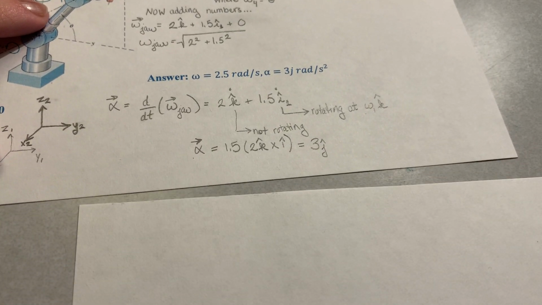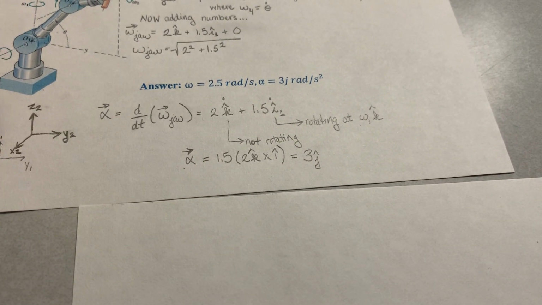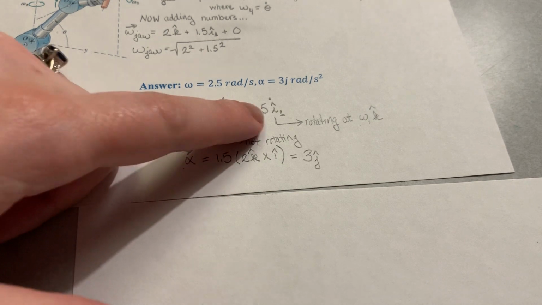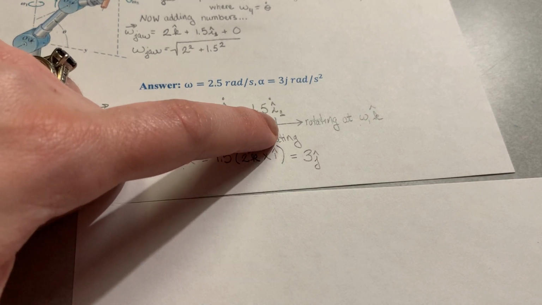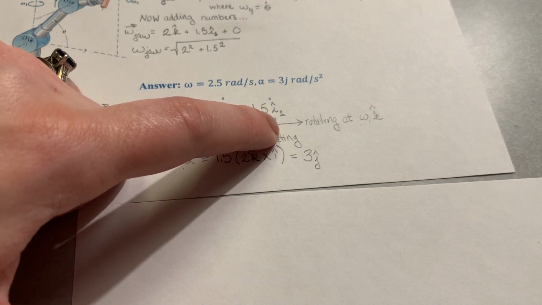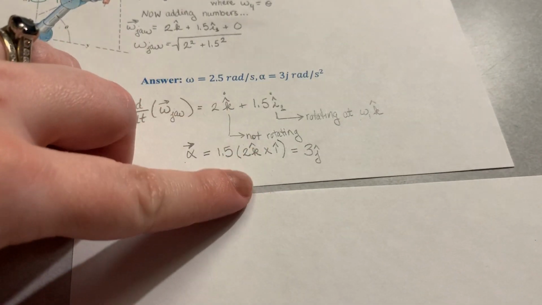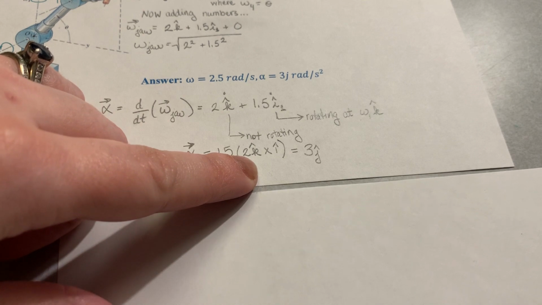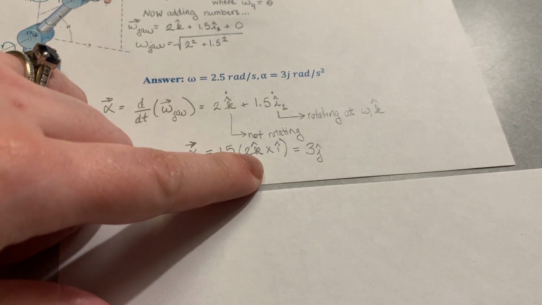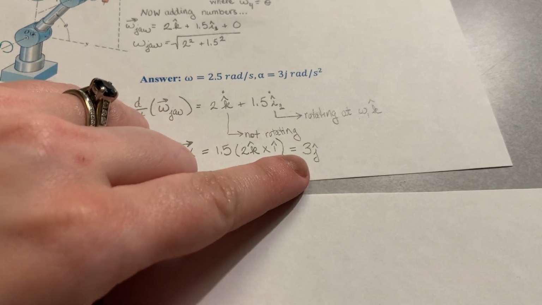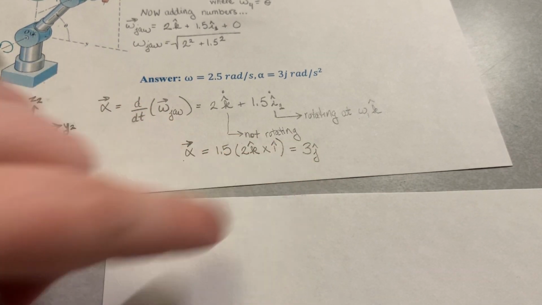So since we know that that's rotating at omega 1 in the k direction, all we have to do is take the cross product, and we get alpha, the vector, equals 1.5, which is from here, times the rate of change of that vector I in the first coordinate frame. And we know that it's rotating at 2k, so we just take the cross product of 2k with I, and we know that that equals 3j at this instant.